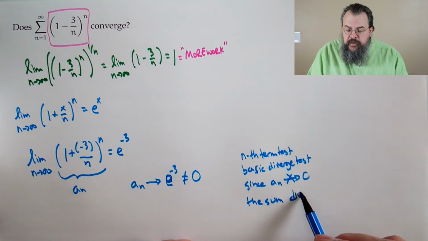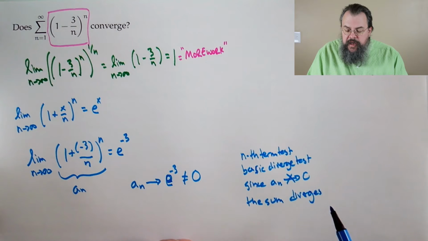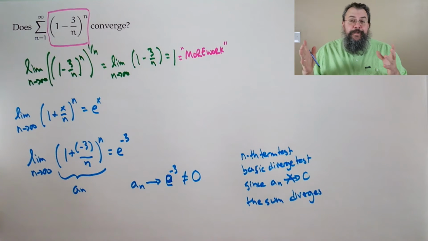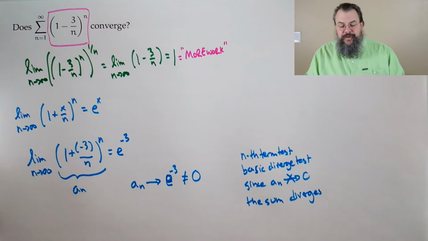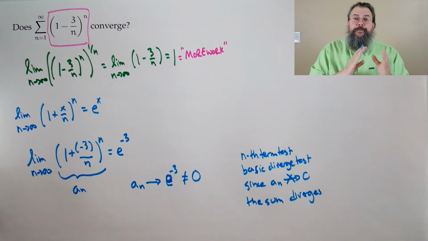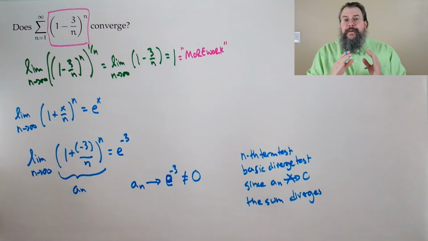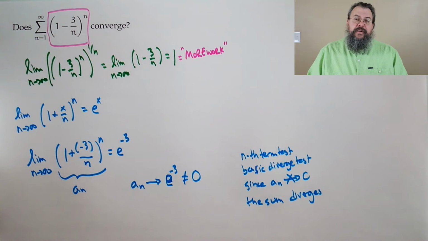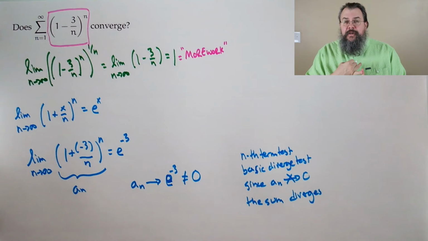So this is good. This is sort of a reminder of a couple things. One, there's multiple tests, so make sure you know what test to use. And the other thing is, make sure you keep track of what each test is saying, especially tests that involve limits, because the root and ratio tests involve limits in a particular way, the limit comparison test involves limits in a particular way, and of course the divergence test applies limits in a particular way.